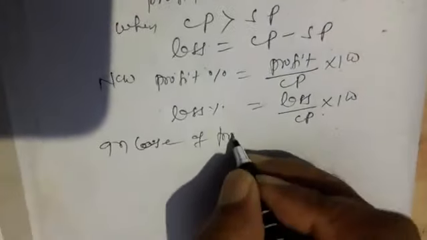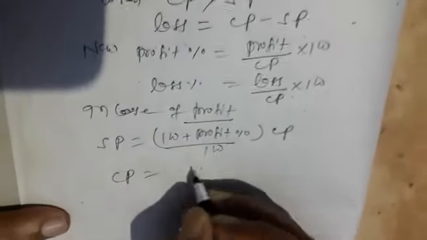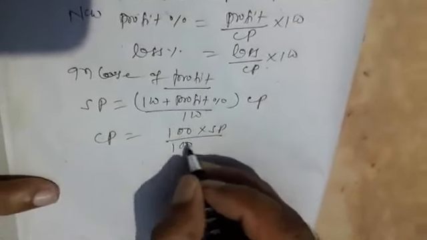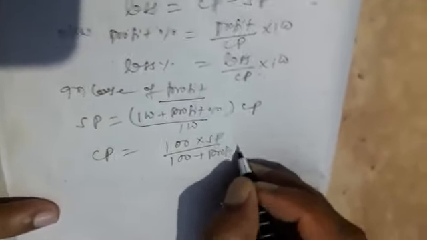In case of profit, SP is equal to (100 plus profit percent) by 100 into CP, and CP is equal to 100 into SP by (100 plus profit percent).